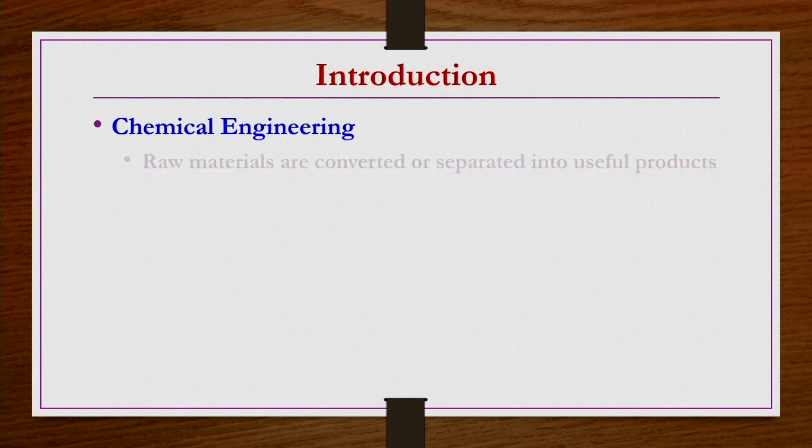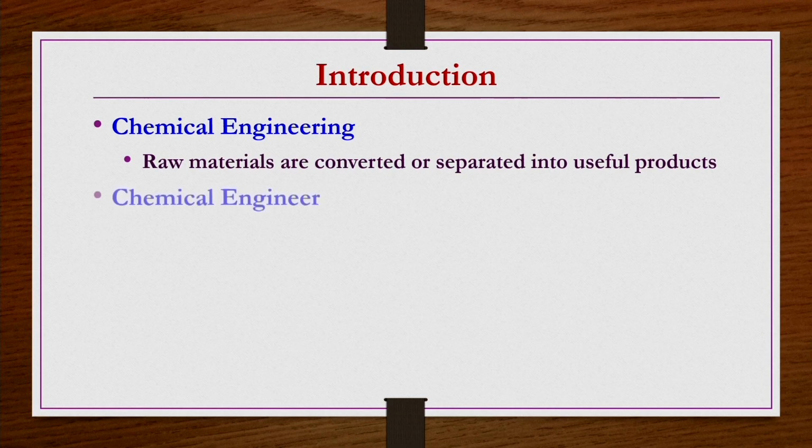So what is chemical engineering in general? Chemical engineering deals with the conversion or separation of raw materials into useful products. We are not going by the exact definition, but this is the general perception about chemical engineering and chemical engineering graduates.